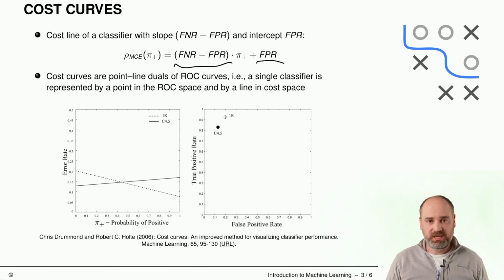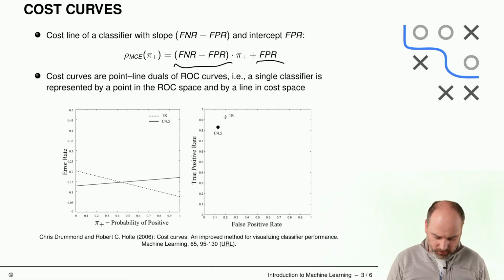Which means we can now really identify cost curves as point-line duals of ROC curves. I guess we haven't really talked about cost curves yet, but we can see the duality now between these cost lines and points in ROC space.